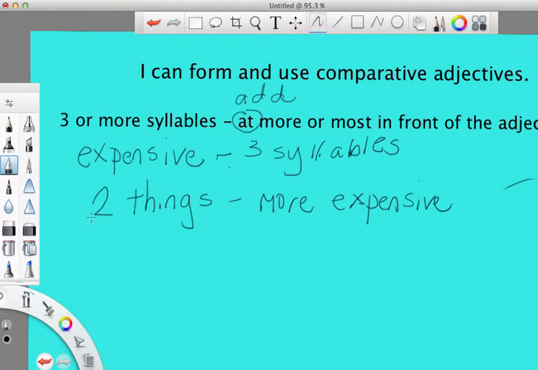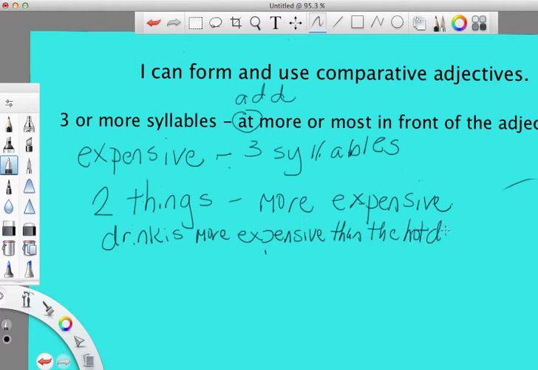For example, how would I say this? I would say that maybe the drink is more expensive than the hot dog. I've got a hot dog and I've got a drink. I'm comparing two things.